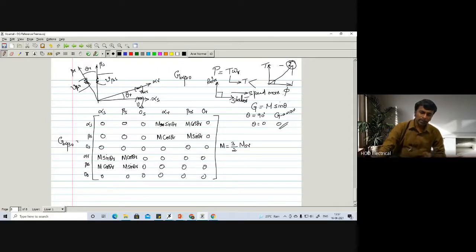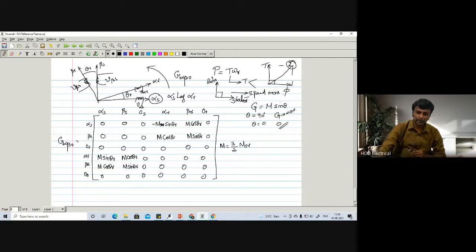Then one more thing we have to consider here. Now in this equation, we are writing alpha s as the reference, right? Alpha s, take this direction as reference. So in this case, alpha s is lagging alpha r, so I am writing here one minus, right?